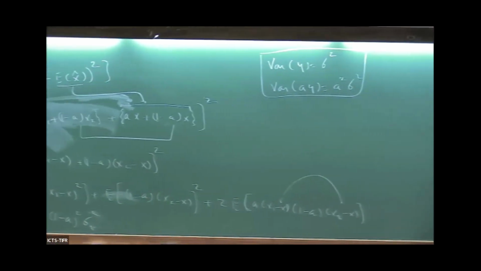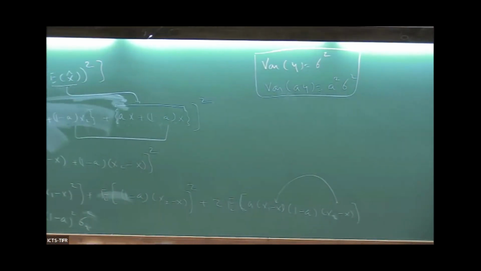There's no correlation between the two. I did not introduce you at that time. It may look artificial at that time. If it is independent, this term is 0. If it is not independent, there's a correlation between the two. I have to take care of the correlation. I want to walk before I run. So I want to take care of the easy case.